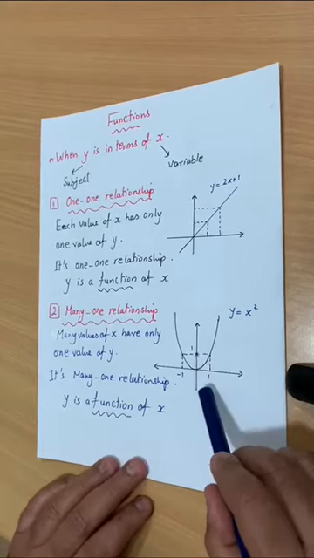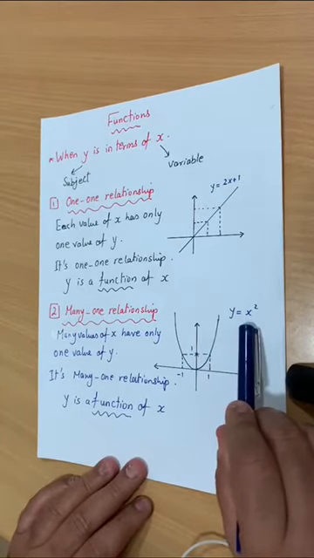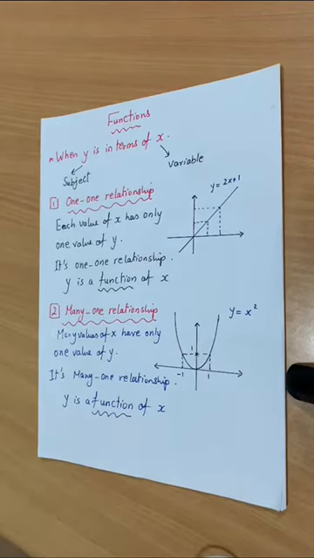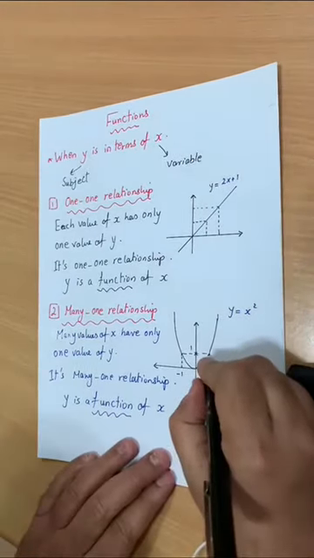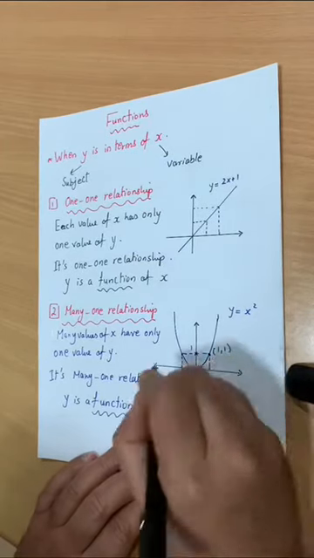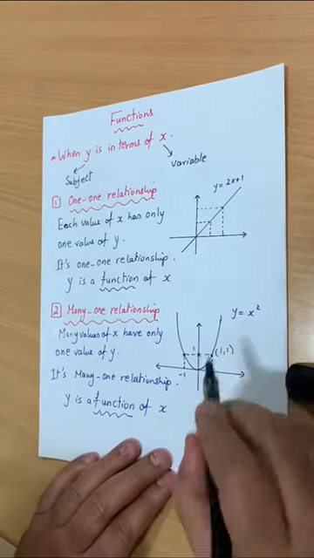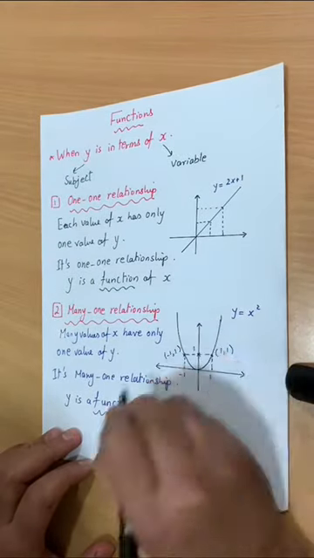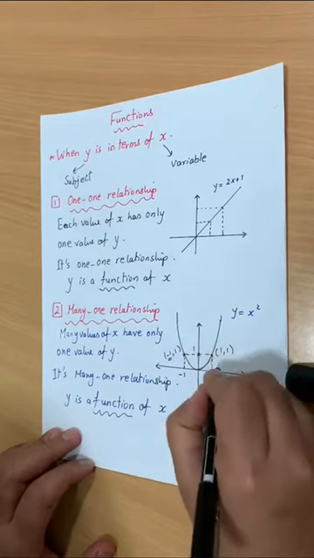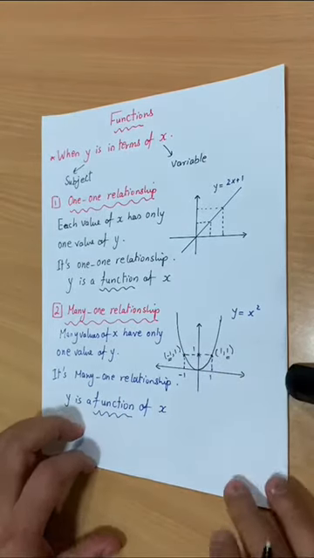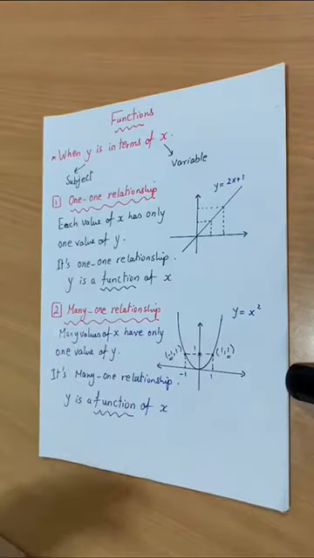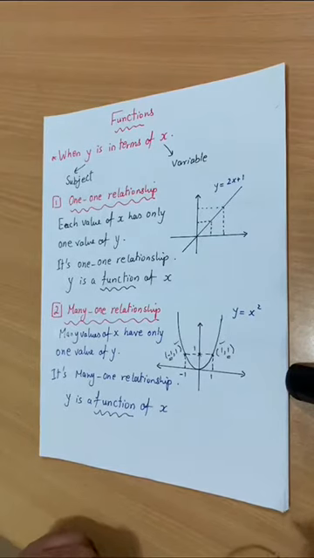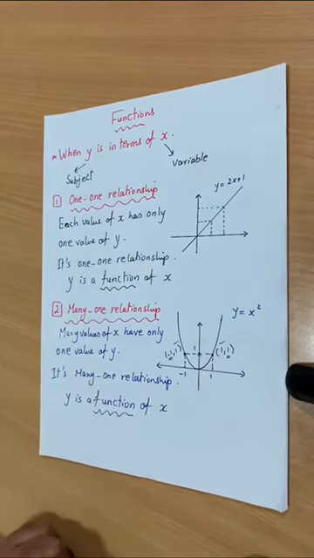If you replace x as 1, 1 to the power of 2 will give you 1, which means this point has the coordinates of 1 and 1. And if you replace x as negative 1, negative 1 squared will give you positive 1. So this point has the coordinates of negative 1 and 1. Negative 1 and 1 are two different values of x, and both of them give you the same value of y. So we call it many to one relationship.